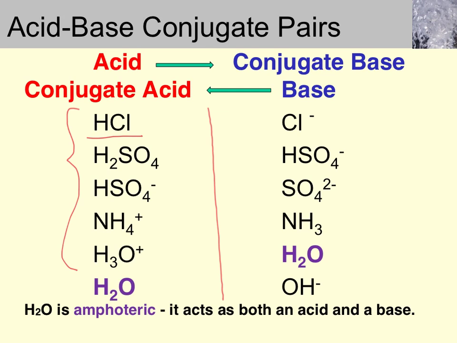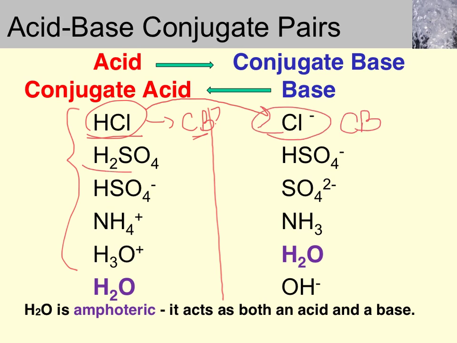What if I gave you an acid and said, what is this acid's conjugate base? So if you have a piece of paper or your hand, cover up everything in the right-hand side of the column. Let's see if you can do these. What is the conjugate base? How you would do that is you'd say, okay, what does an acid do? It donates a proton. So then you would write, what do you get when it donates a proton? And that is your conjugate base.